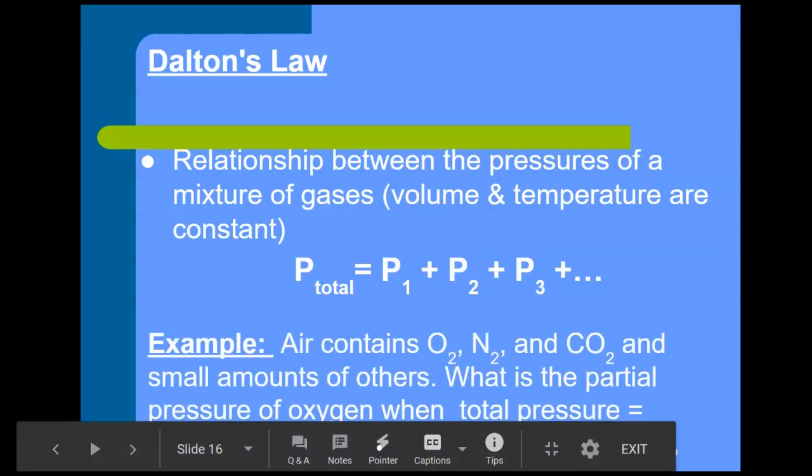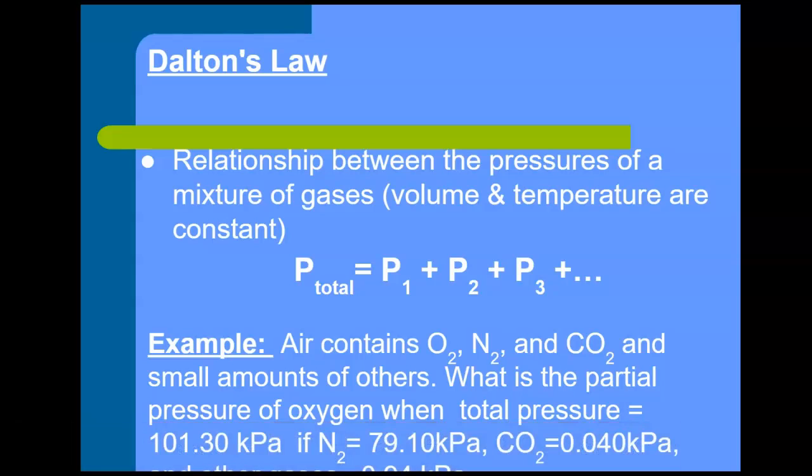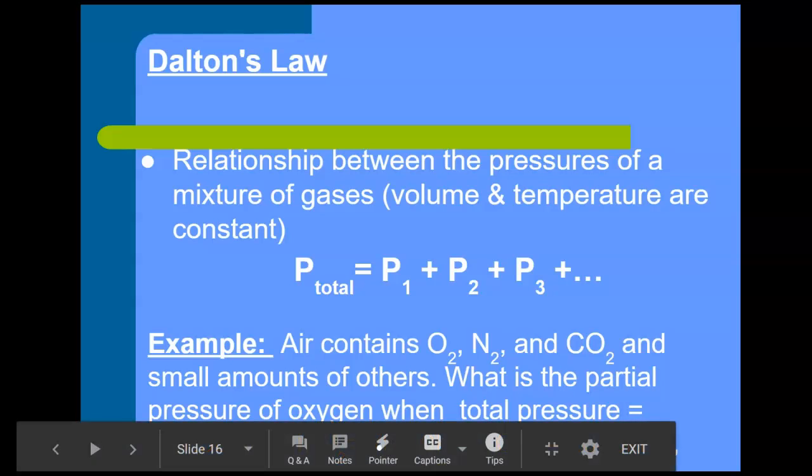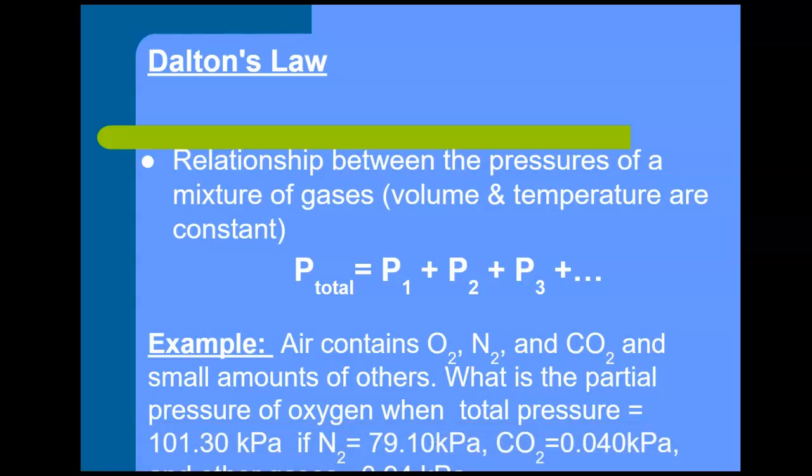All right, so here is our example. It says air contains oxygen, nitrogen, and carbon dioxide and small amounts of others. What is the partial pressure of the oxygen when the total pressure is equal to 101.30 kPa, and then it tells us if N2 is 79.10 and 0.040 kPa for CO2, and then the last one is all cut off.